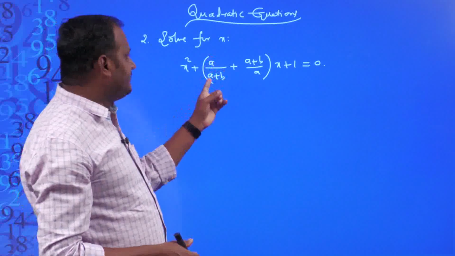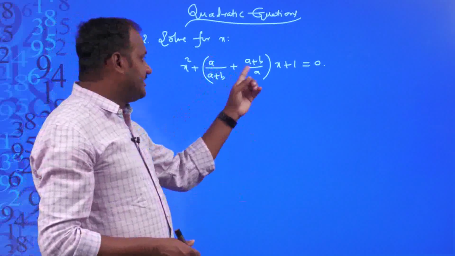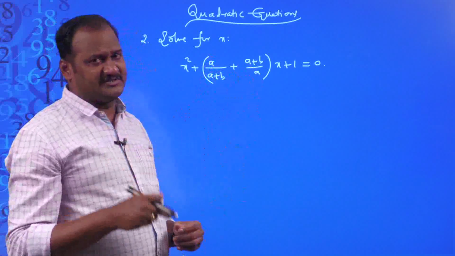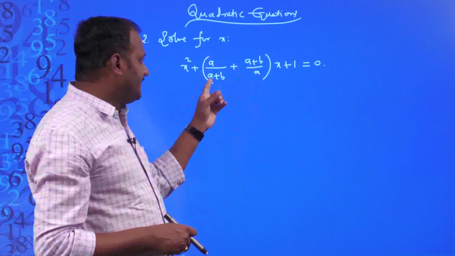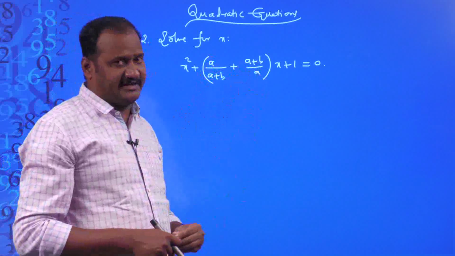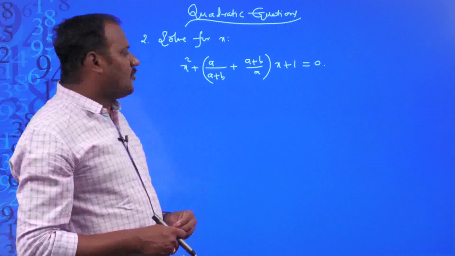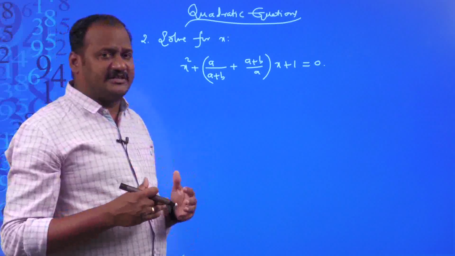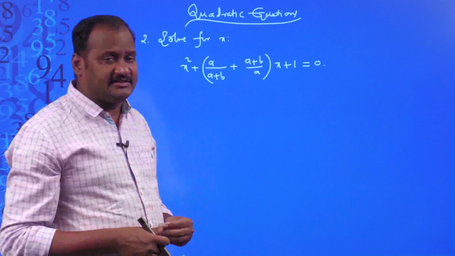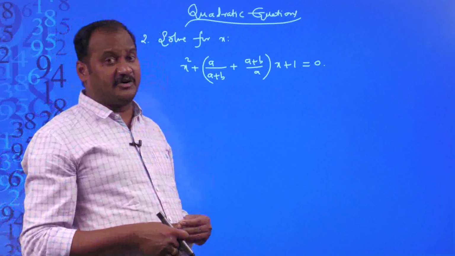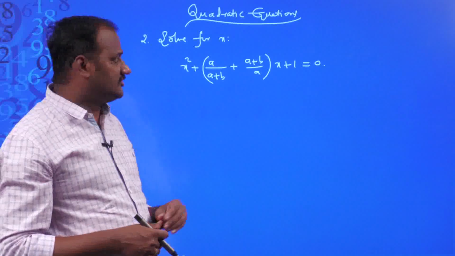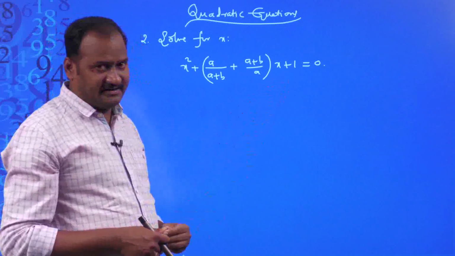This is a divided by a plus b and this is a plus b divided by a. What kind of terms are both? Yes, both are reciprocals. So, if they are reciprocals, then what can we infer about that? If they are reciprocals, then their product is going to be 1. So, 1 is already there, right.